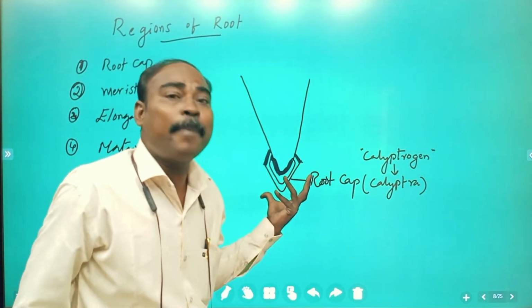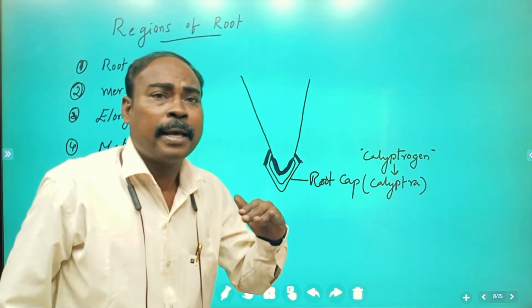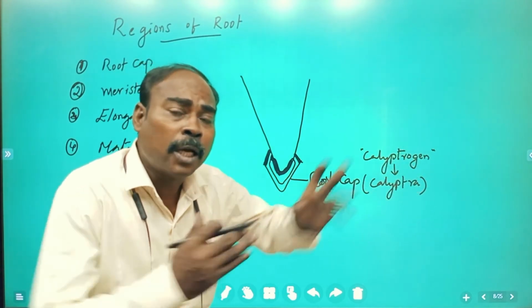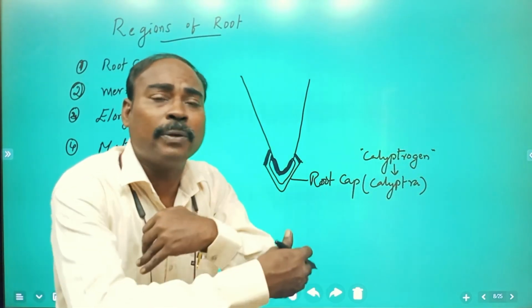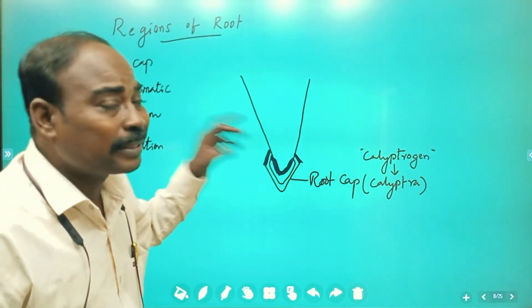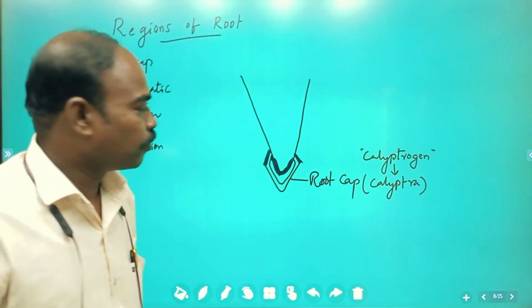This root cap may be damaged while penetrating the soil. Again, from the calyptrogen tissues, a new root cap or new protective layer will be developed. So that is the root cap zone, the thimble-like protective structure in the root apex.